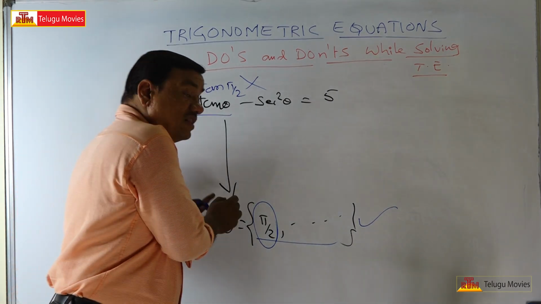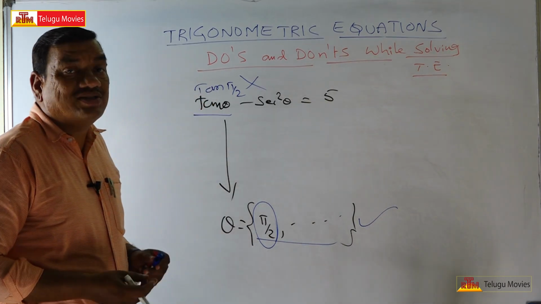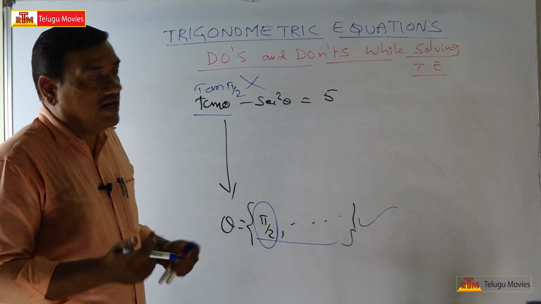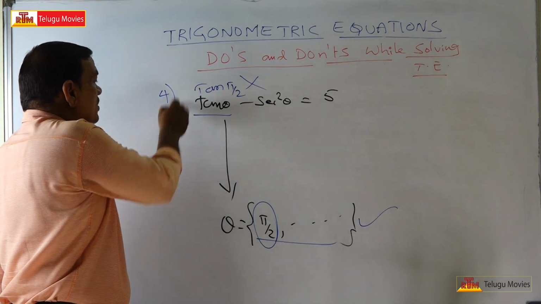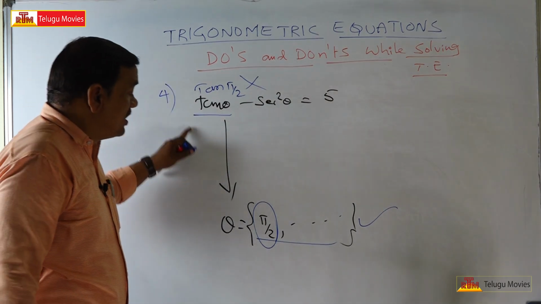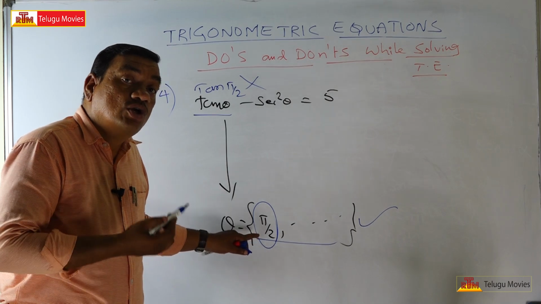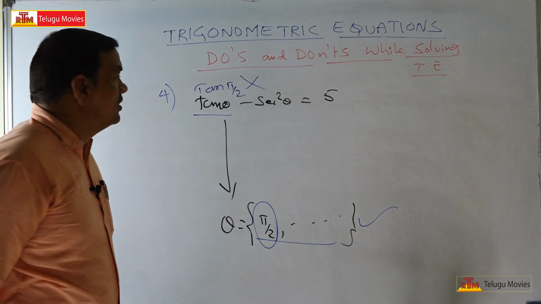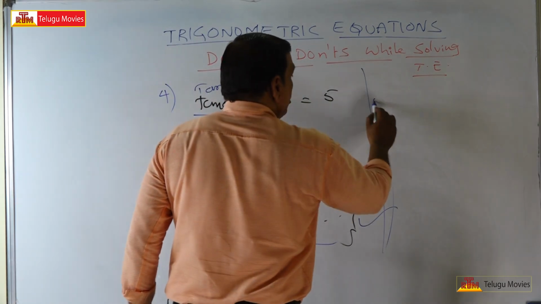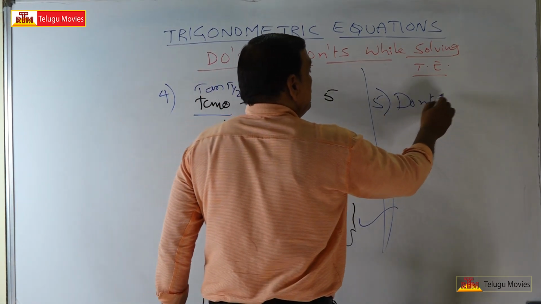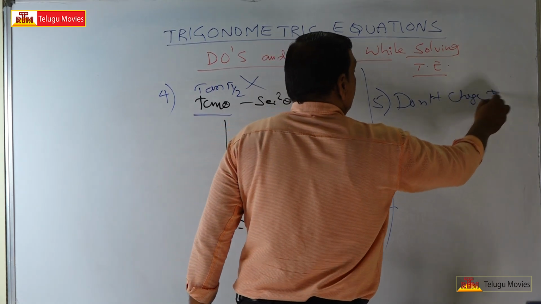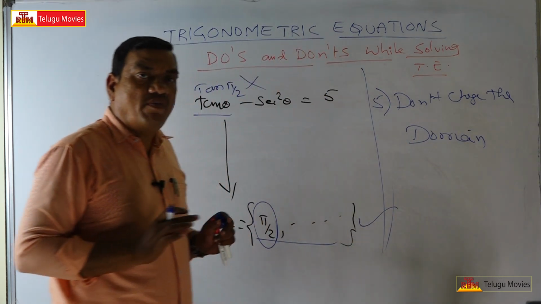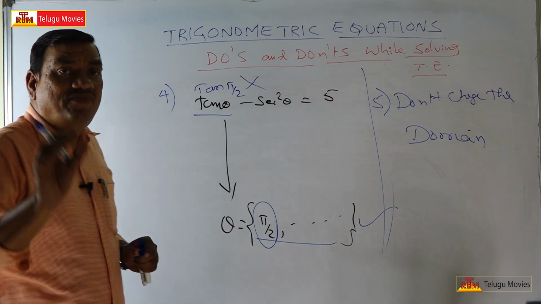Okay. So whatever solutions you are getting, some solutions are valid and some solutions are not valid. So this should be the precaution you take. That means after getting the solutions, you should check once whether those solutions are valid or not. Okay now. The next precaution is, don't change the domain. For all trigonometric equations in general, they will define the domain.